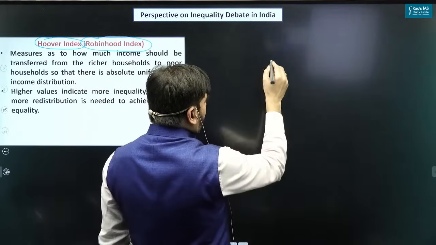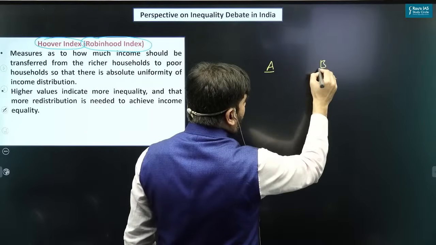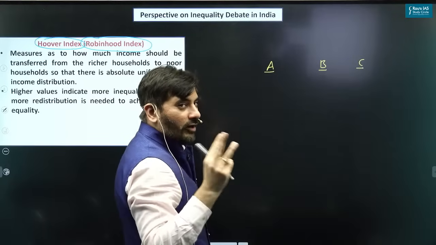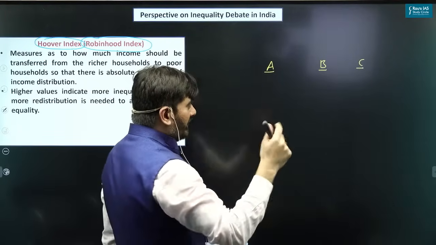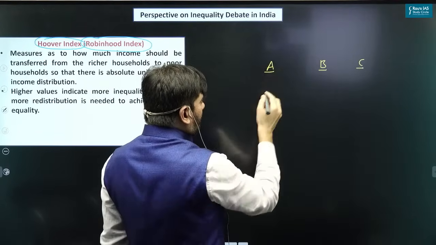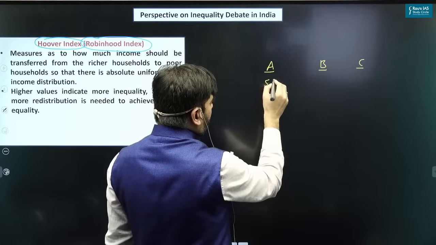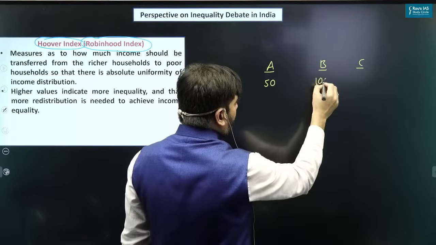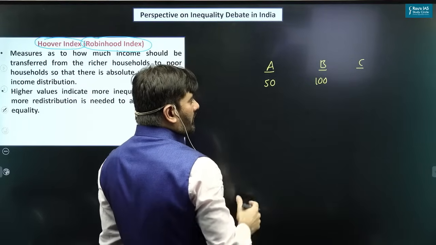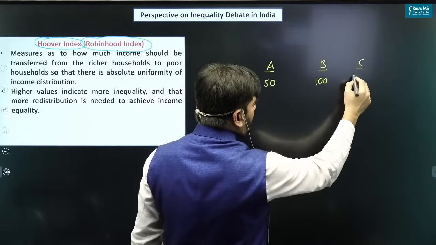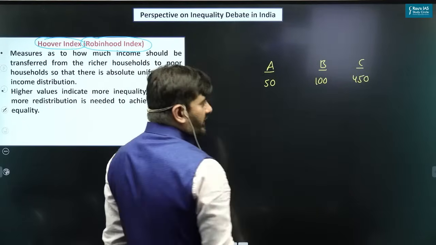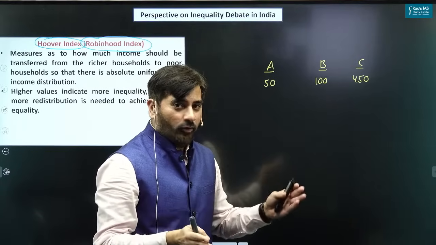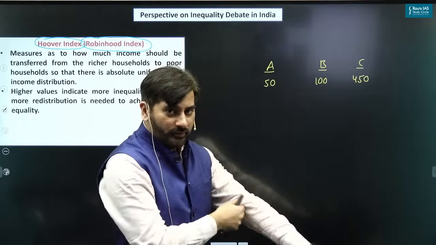Let's say there's a particular country. In this country, for sake of simplicity, there are only 3 households. The income of household A is rupees 50. Income of household B is, for example, equal to 100. And income of household C is equal to 450. Which clearly shows that there is income inequality among these 3 households.